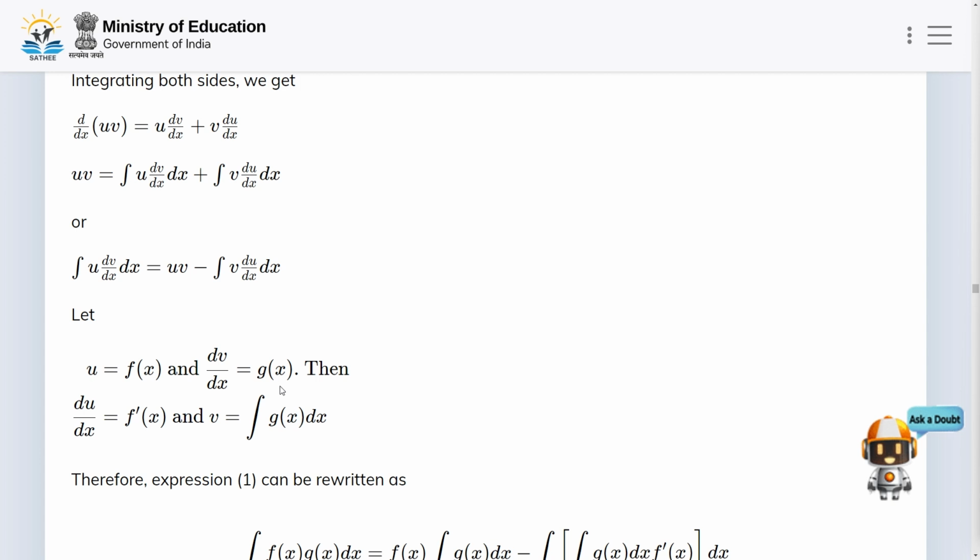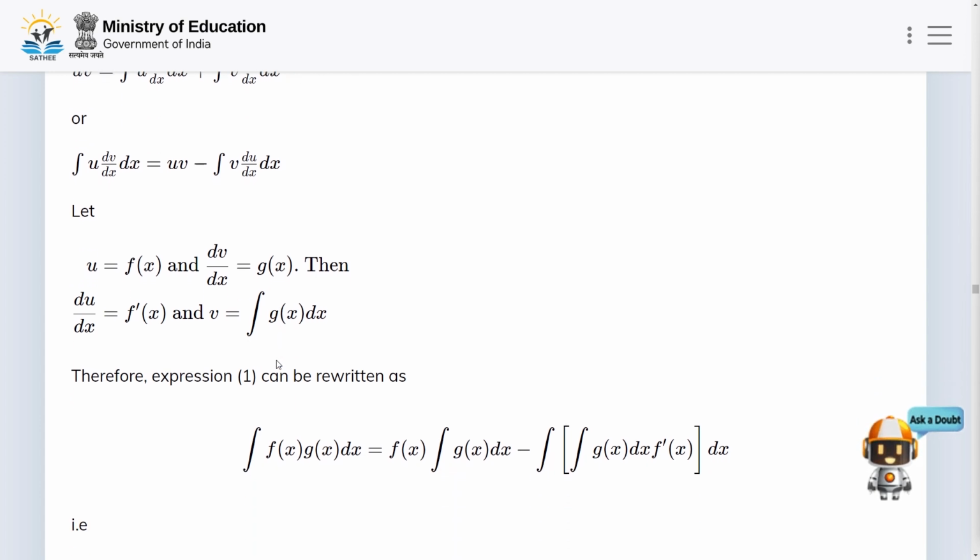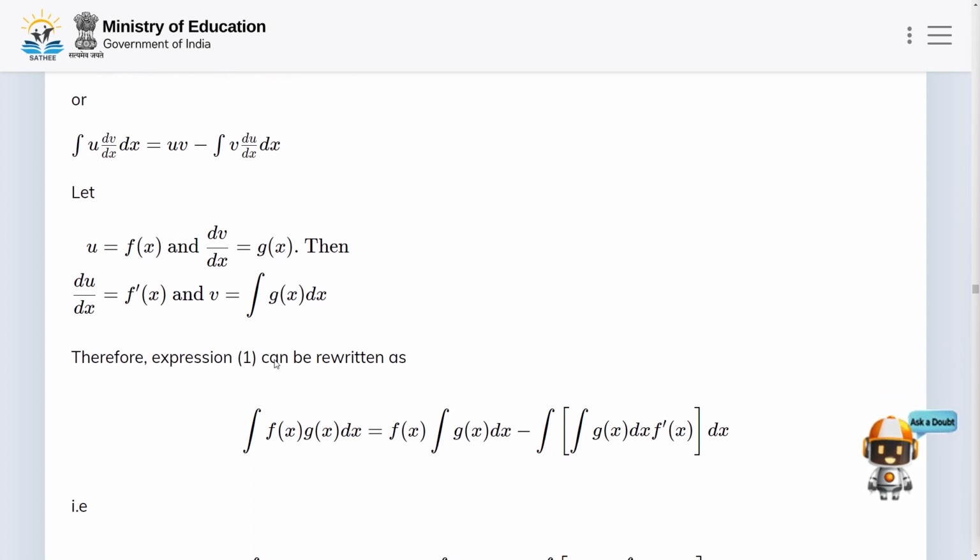So dv by dx is equal to g(x). Now du by dx is equal to what? f prime x, and v is equal to what? The integration of g(x).